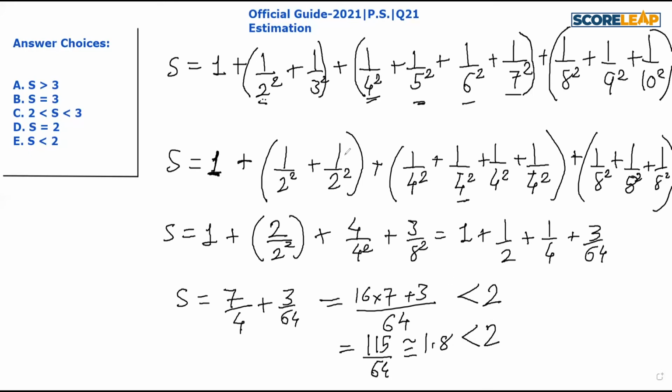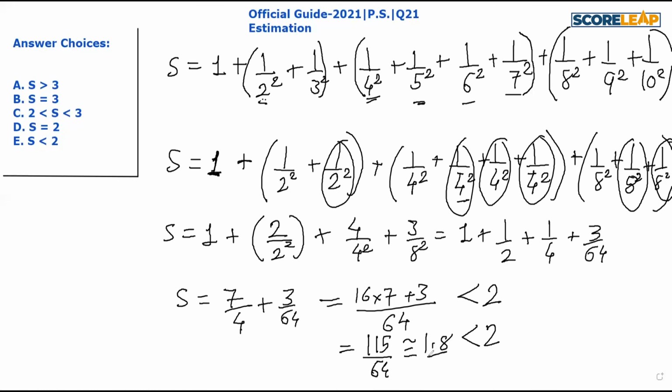If instead of 1 by 4 square, 1 by 4 square, and 1 by 4 square, I had kept the original values, which are smaller than this, then our answer would have been smaller again. It would fall somewhere around 1 by 4 to 1 by 6.